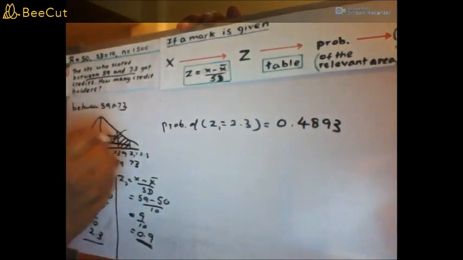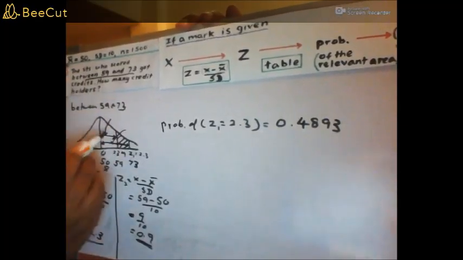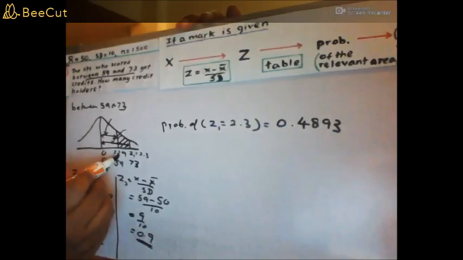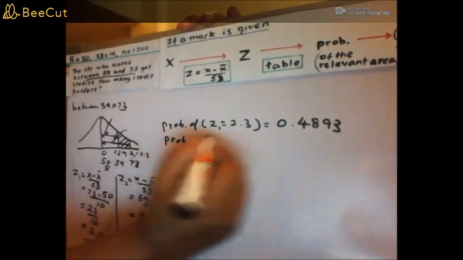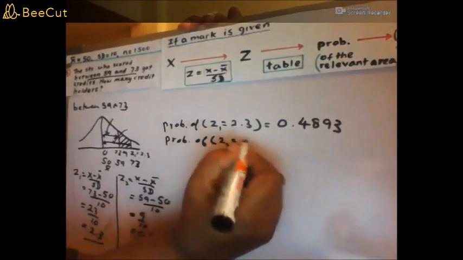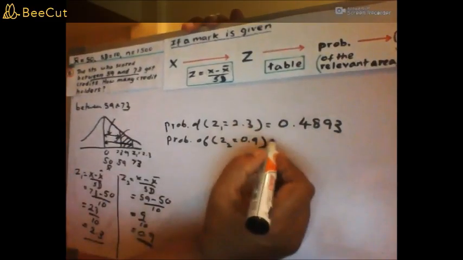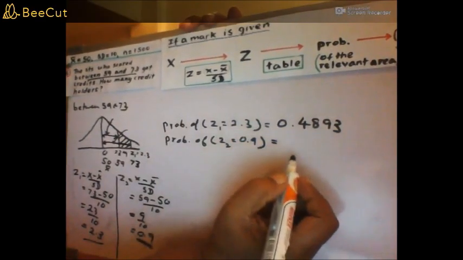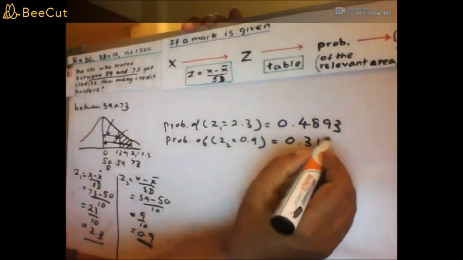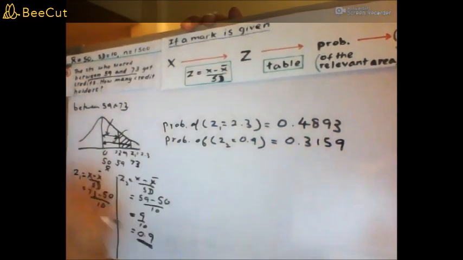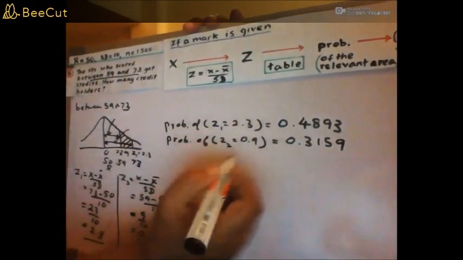You know how to put arrows and write. Then the probability of this area, 0.9, is 0.3159. Then the probability relevant to the shaded area.